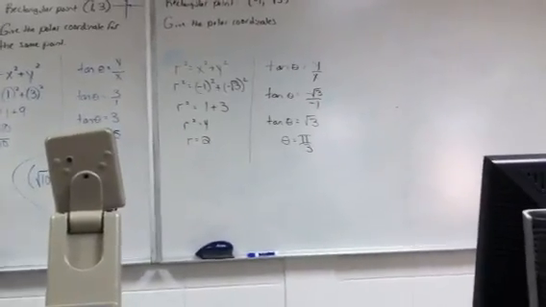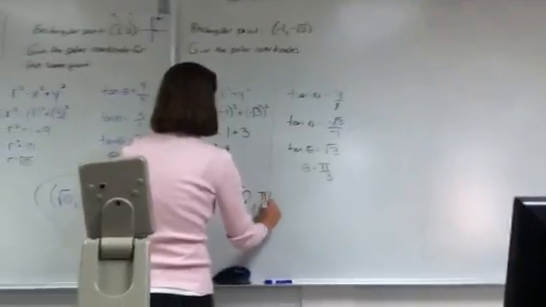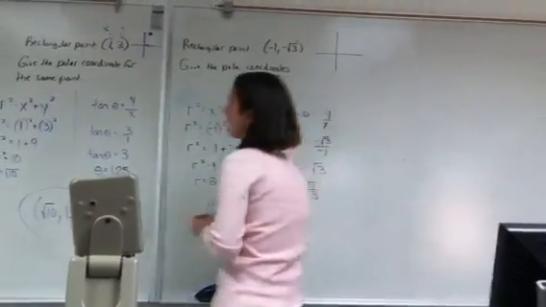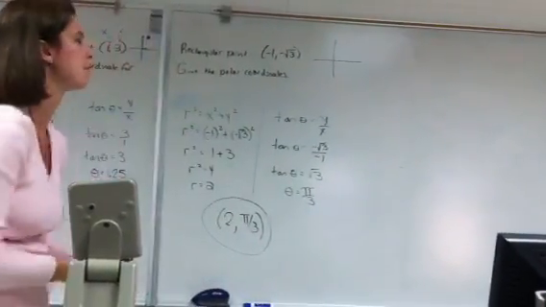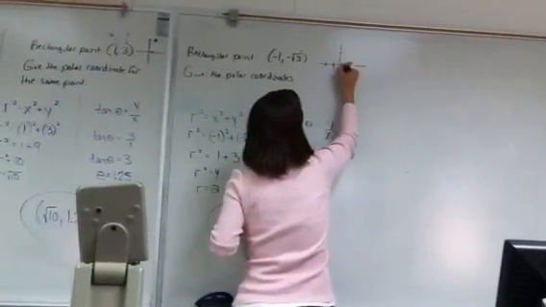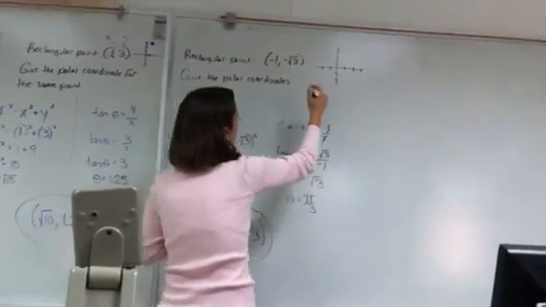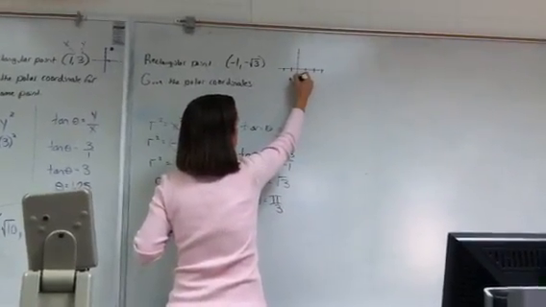All right, now, the other thing that I want you to think about is, let's go back up here and let's plot this thing. All right, so if you don't know what square root of 3 is, you could come up with a decimal for that. All right, so the point that we've got here, -1, -1.73.